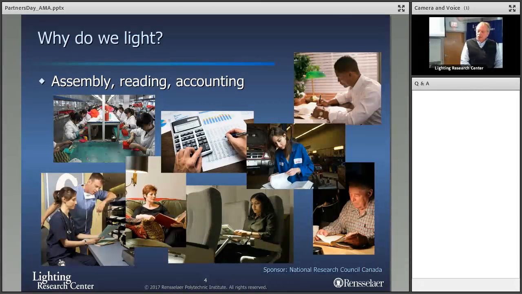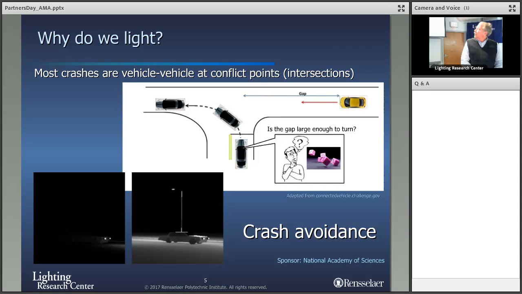And what you'll see as I go through this is how different parts of the retina convert that into different neural signals. So I think that going back literally over 100 years, the primary consideration for lighting is for visual tasks like assembly, reading, and accounting. Those still remain a central part of the purpose of lighting, as well as how we tend to specify lighting and write recommendations. But we also provide roadway lighting, both headlights and street lights, for what we call crash avoidance.